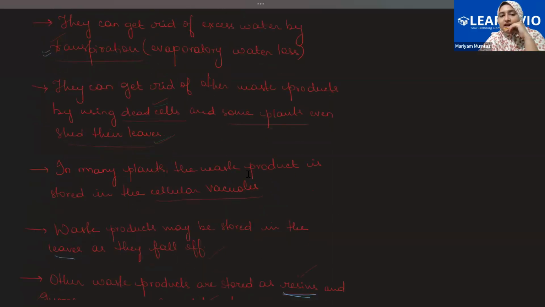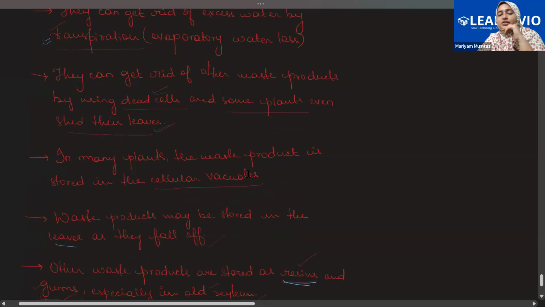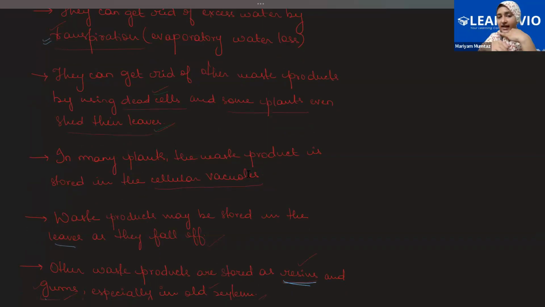Apart from that, plants also have waste materials such as dead cells and dead tissues. So how do the plants get rid of them? They get rid of them when they shed their leaves. We have seen that during the autumn time, the leaves are shed, right?